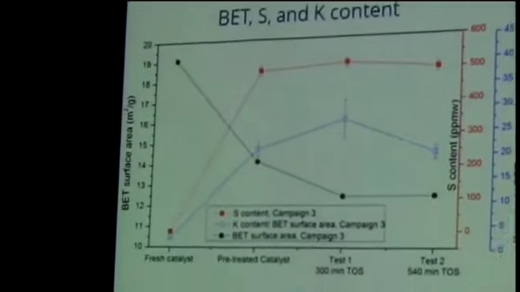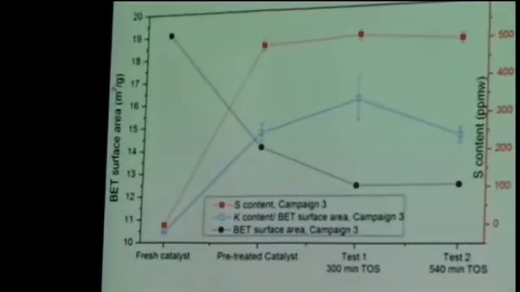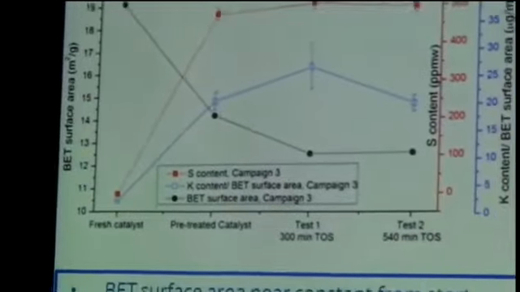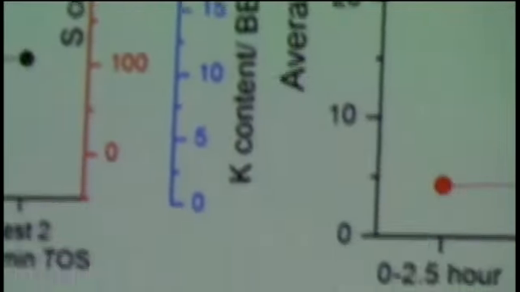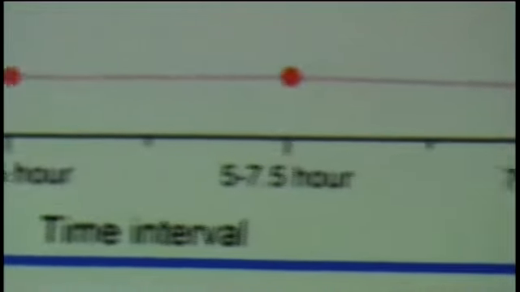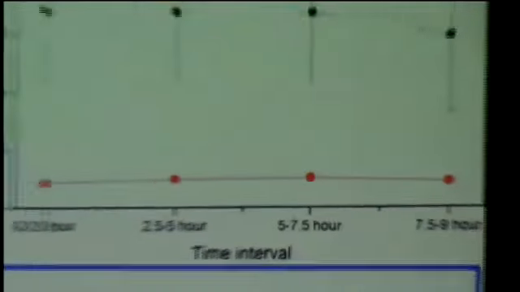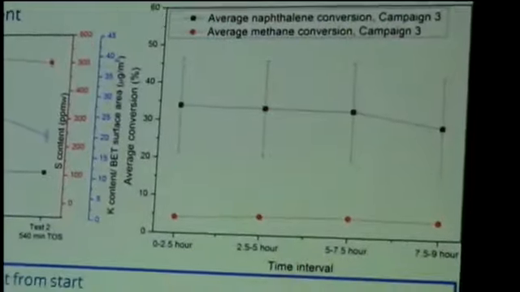This is the pre-treated catalyst, and we observe quite a bit of increase in alkali. We have learned that you should not treat your catalyst in your system where you've done biomass gasification, because you volatilize all the alkali that was in the system before, so you have already moved quite a bit of alkali to the pre-treated catalyst.